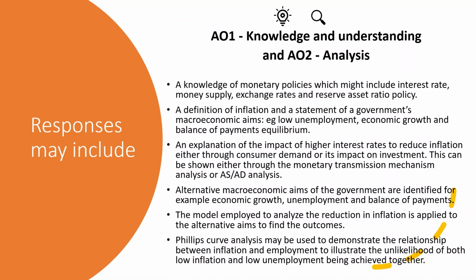You need to discuss the trade-offs that government face when using monetary policy to control inflation while trying to achieve other goals like full employment and economic growth. So this is where you can even use Phillips curve analysis. So mention how different economic conditions might alter the effectiveness of monetary policy. So practically you are discussing the trade-off between inflation and other macroeconomic objectives.